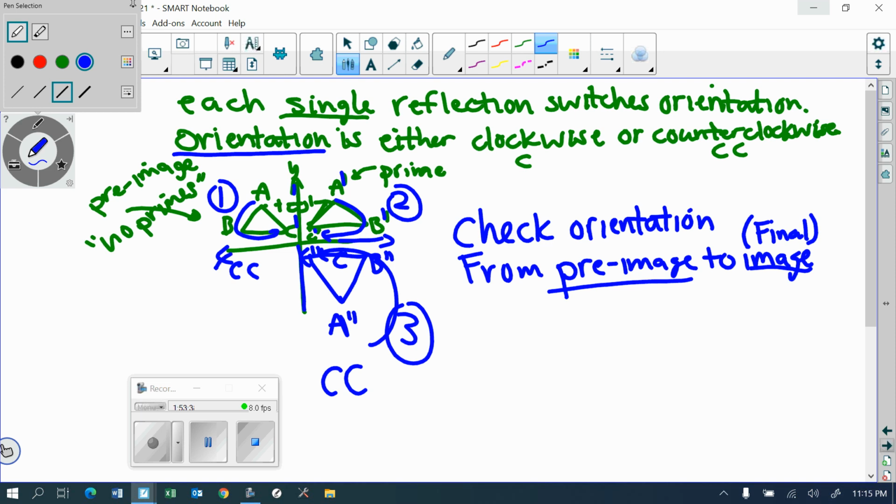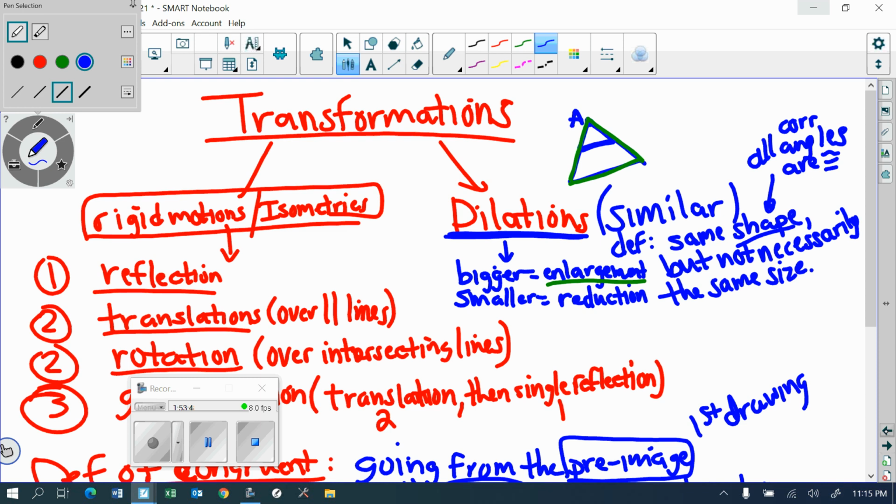Notice the orientation is counterclockwise and counterclockwise. So did it switch orientation from the beginning to the end? No, it did not. Well, if we go back to here, when I have 2 reflections right here, this is the same orientation. If I have an odd number of reflections, this switches orientation. So odd number is 1 or 3.